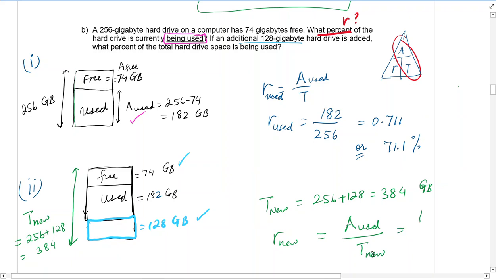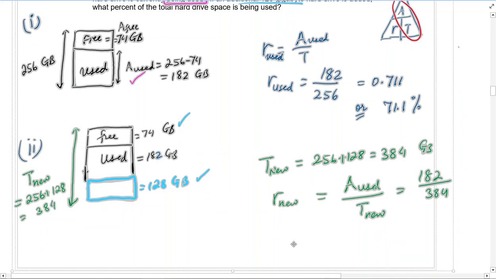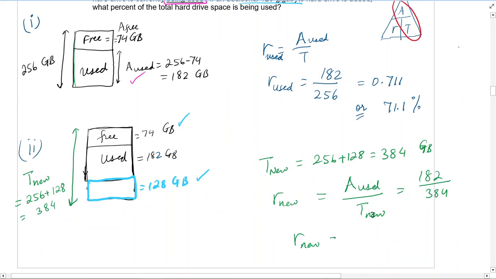So it would be 182 out of 384 gigabytes are being used. So the new percentage that is being used is 47.4%. The decimal you can convert into percentage by multiplying with 100. I hope that makes sense.